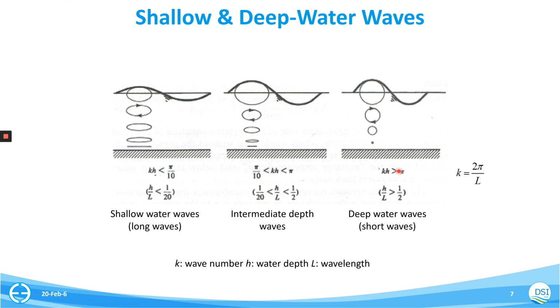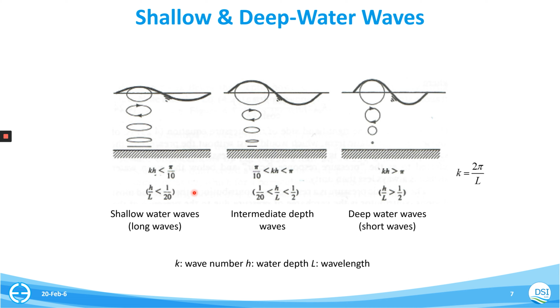Here, k is the wave number, 2 pi divided by the wavelength. When the depth of the water divided by the wavelength is over 0.5, it's considered a deep water wave. As the water becomes more and more shallow, it transforms into a shallow water wave.